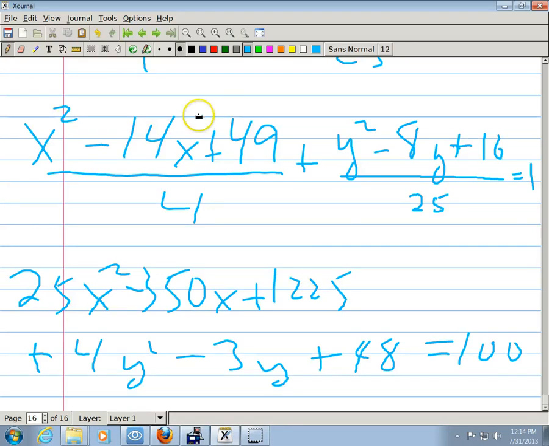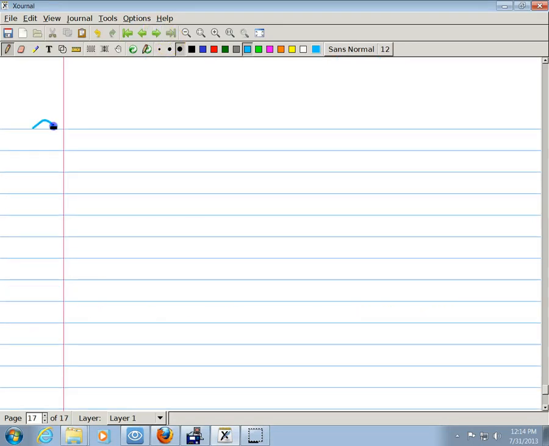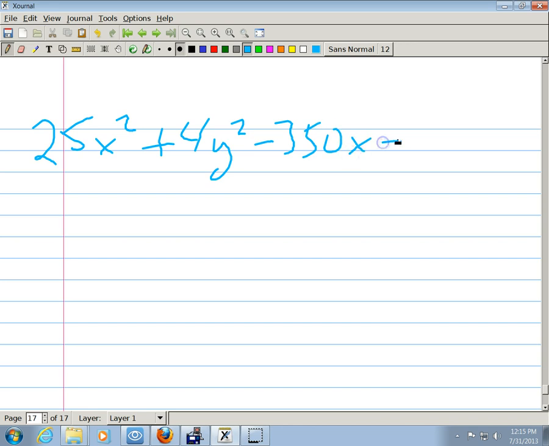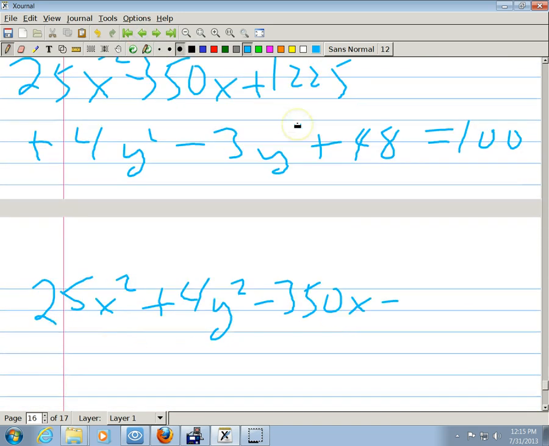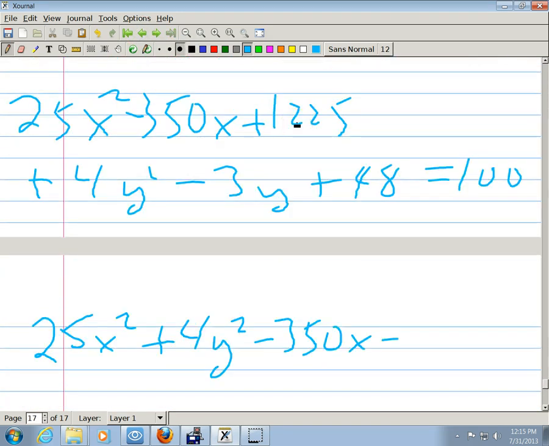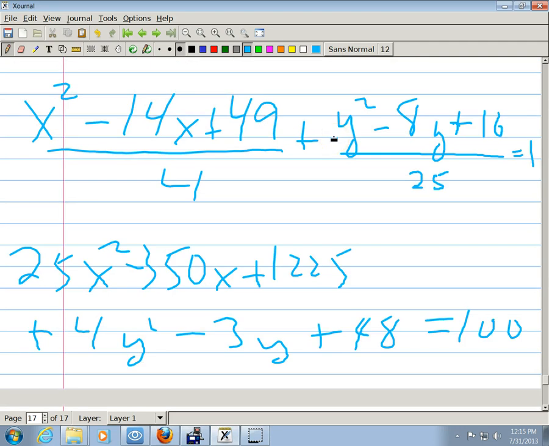All right, so this is what we ended up with. 25x squared plus 4y squared minus 350x minus, was it 3y? It should be 64, not 48, and then it should be minus 32y, right? It is 64, you're right.